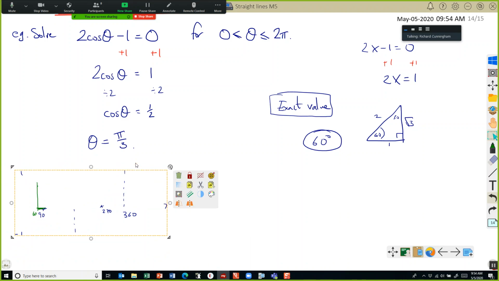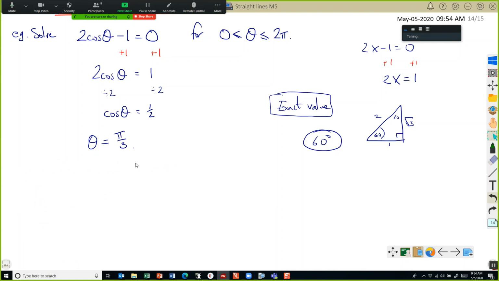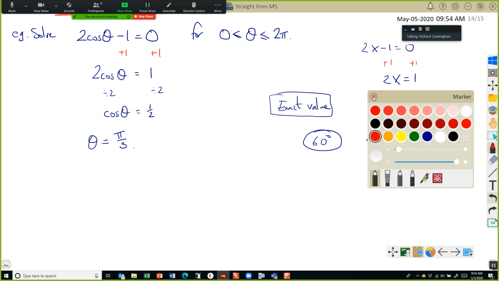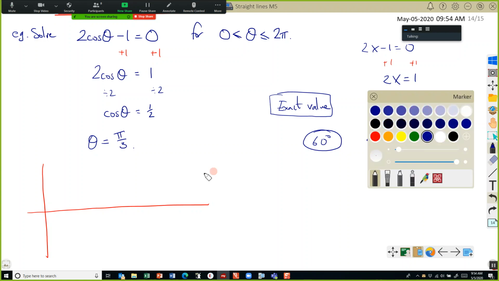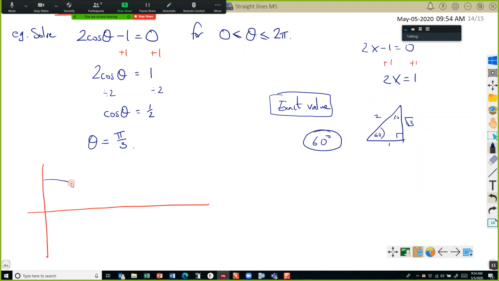It is just a sketch that we're doing, but for the purposes of what we're doing here, I want it to be clear for you, nice and big. So there's 360, 270, 180, 90. It goes as high as 1 and as low as -1.